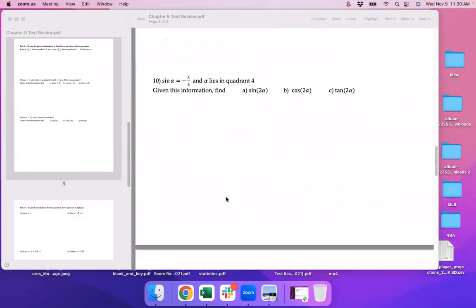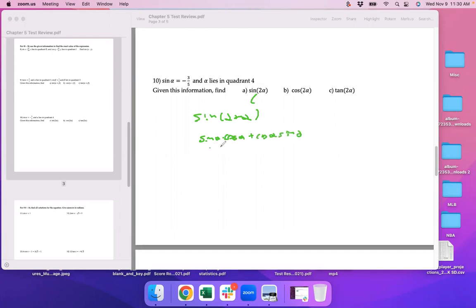For 10, now double angles, sine 2 alpha. If you ever have a hard time remembering it, you could derive it from this. It's sine alpha times cosine alpha plus cosine alpha times sine alpha.